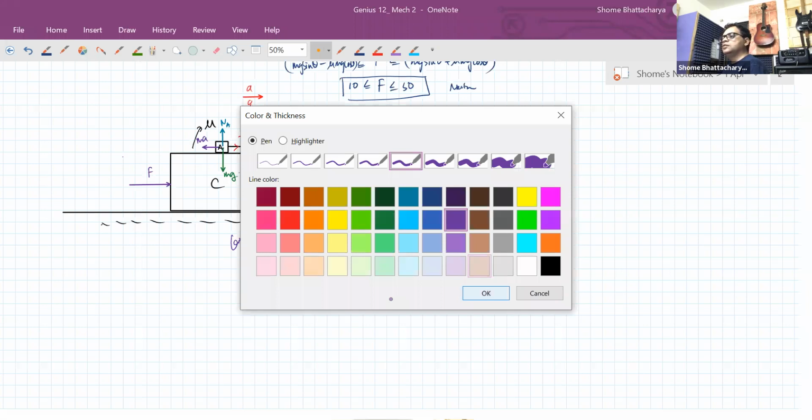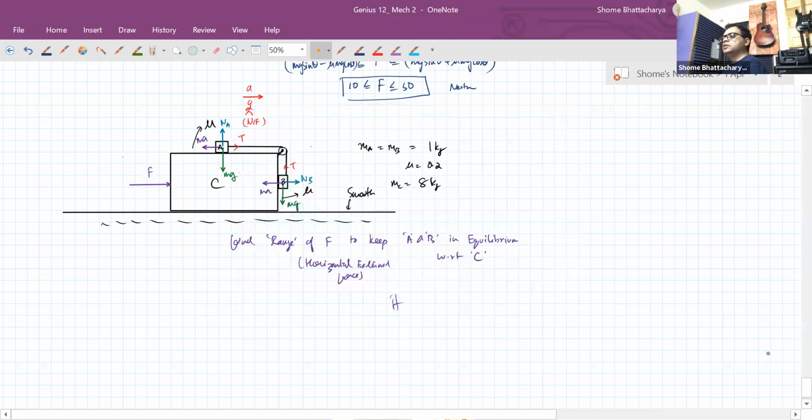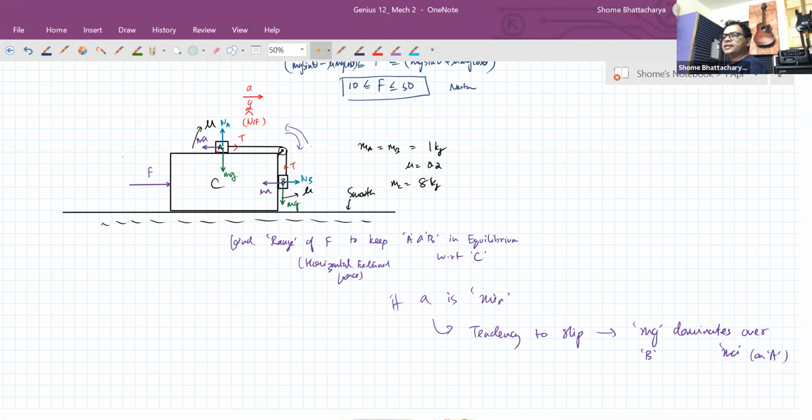B's mg versus the pseudo force on A. Because you can understand mg acting on B is trying to make the system slip like this, whereas the pseudo force on this is trying to make it slip in the opposite direction. So if this dominates, then the friction should act like this.